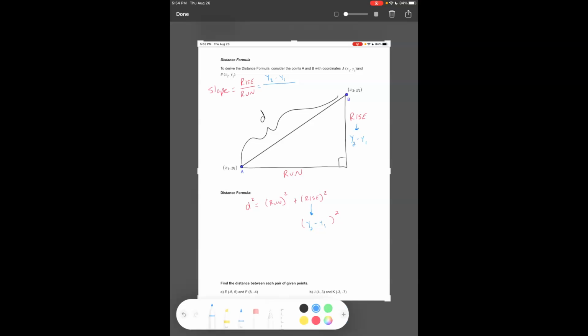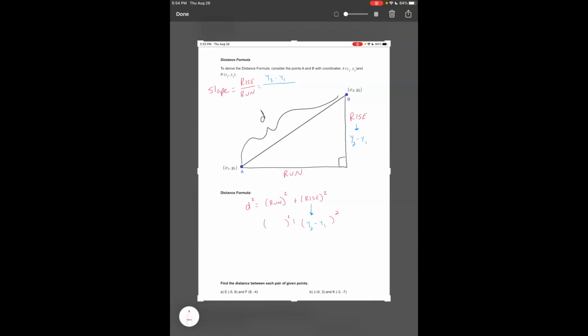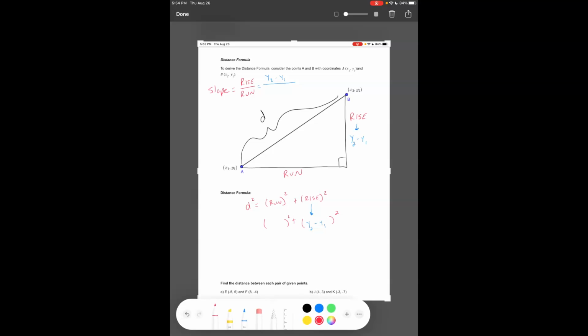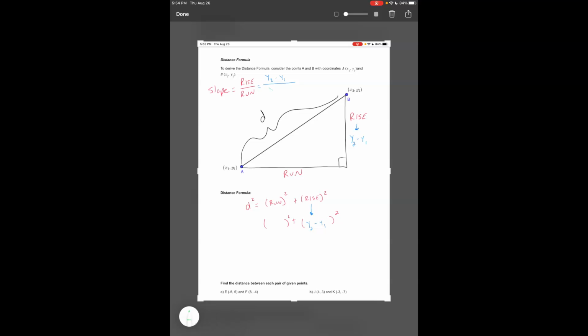Likewise, the run, which would be the denominator of our slope formula, the run is x2 minus x1. So in this distance formula, I can replace run squared with (x2 minus x1) squared. And that is equal to distance squared.